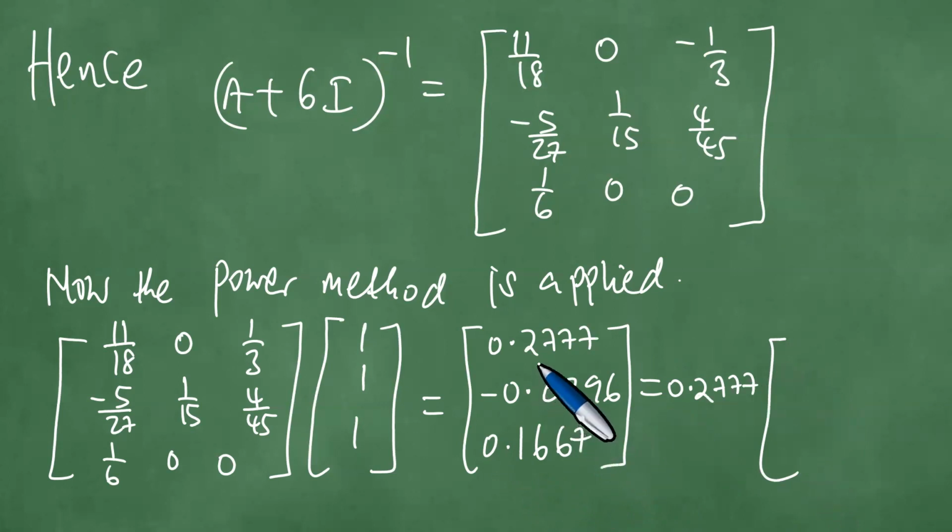Factoring it out because it's the biggest one here, you factor the biggest one amongst the entries. You divide each of these by 0.2777, and that gives minus 0.1067, 0.6000.